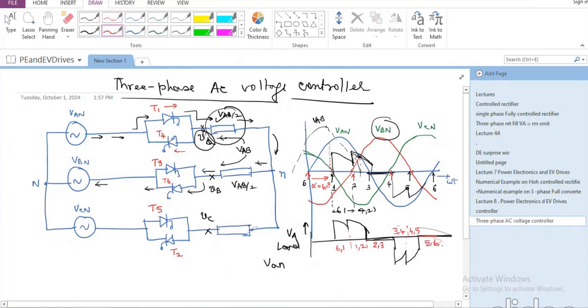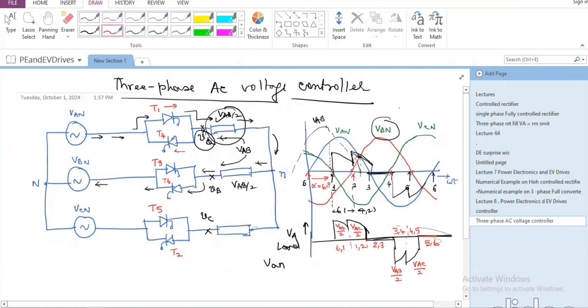When 5 and 6 are conducting, nothing is coming. So this is essentially VAB divided by 2. This is going to be VAC divided by 2. This is going to be again VAB divided by 2. That is why it is negative. And this will be VAC divided by 2.